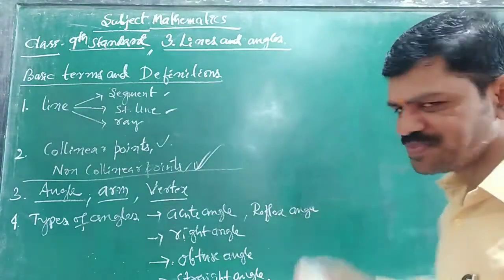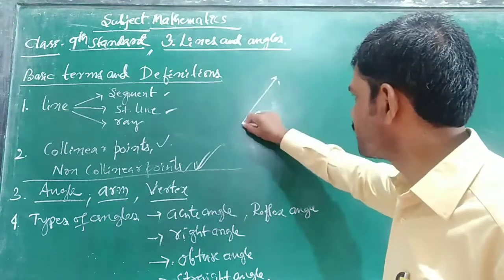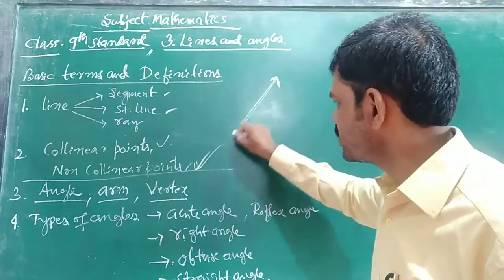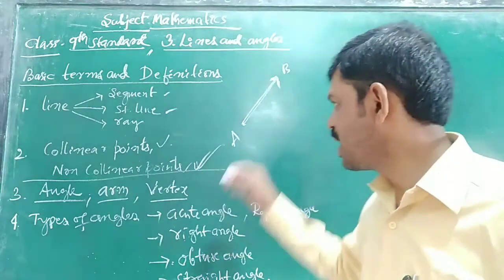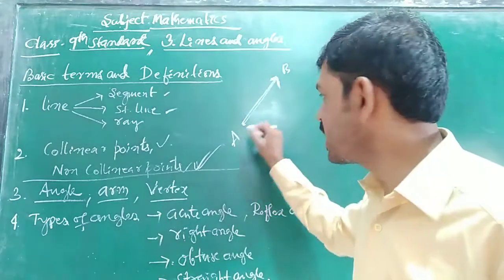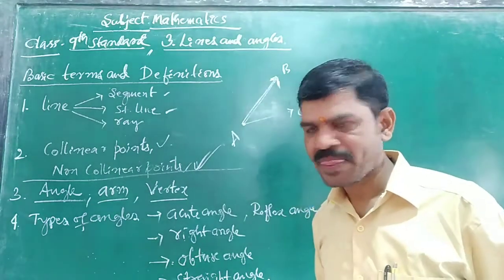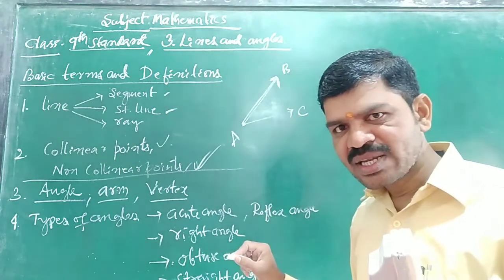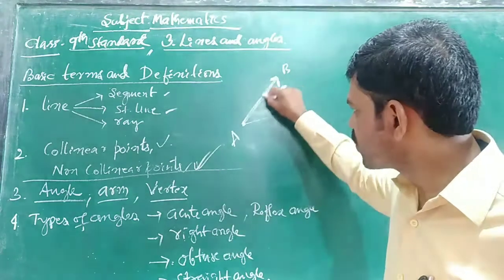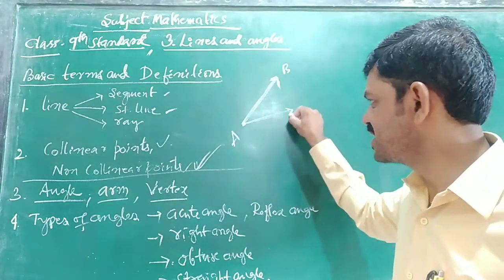Angle means, so there is a ray. Let us consider AB is a ray, and there is one more ray, AC is a ray. A is the point from which the AB ray is there and the AC ray is there.